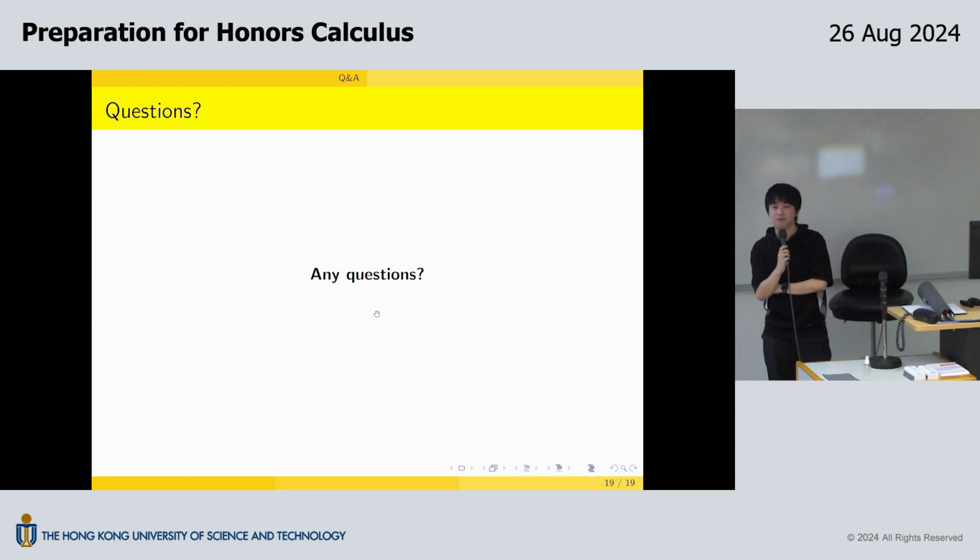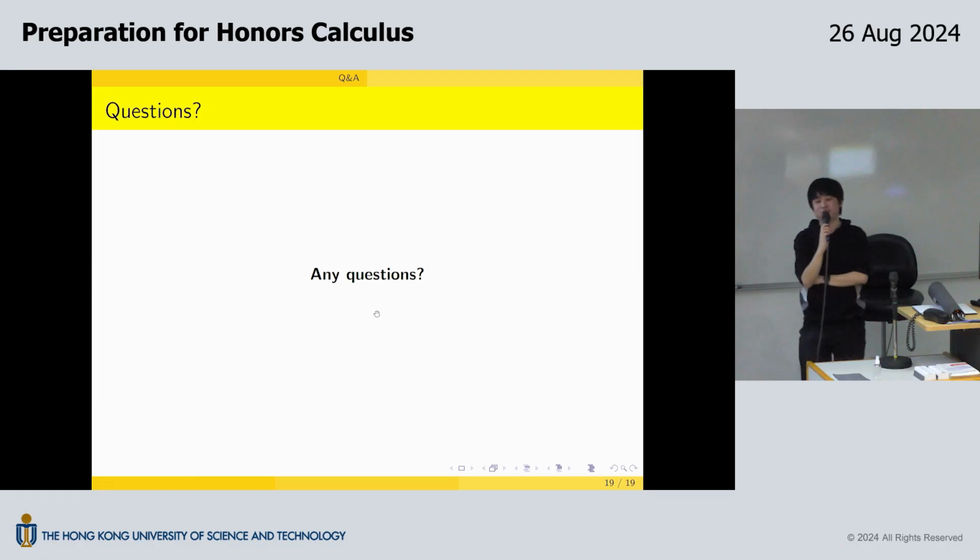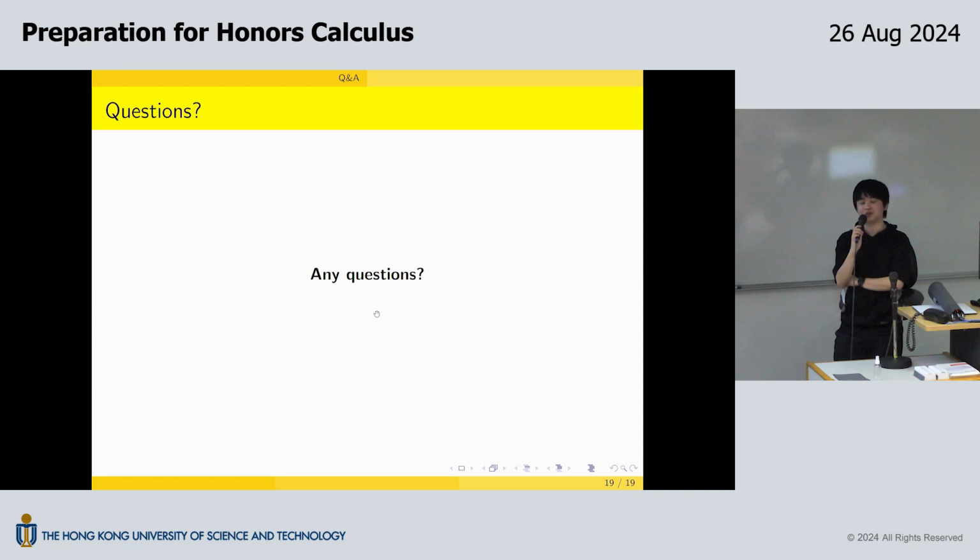Question: how much time do students usually spend studying outside the class? There is no fixed time requirement, but if this is your first exposure, take as much time as possible until you think you fully understand the concepts.